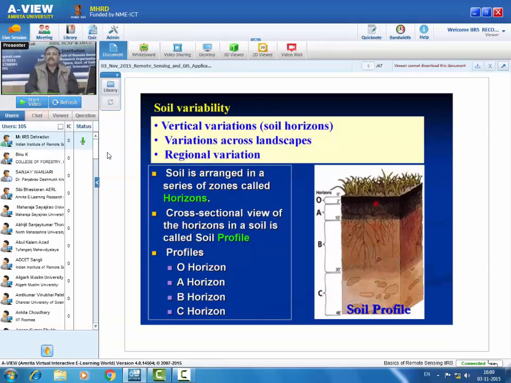If we want to characterize the soils, then we want to know the soil variation from the C horizon, because this is the parent material over which soil has been formed.